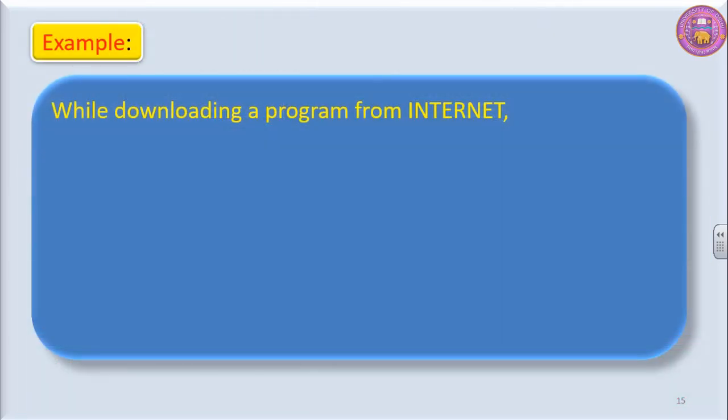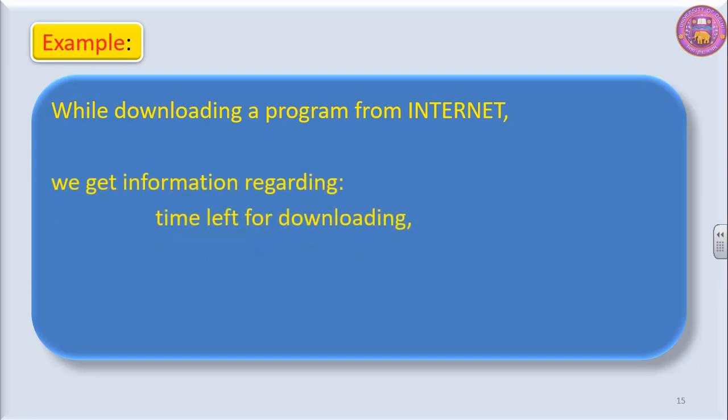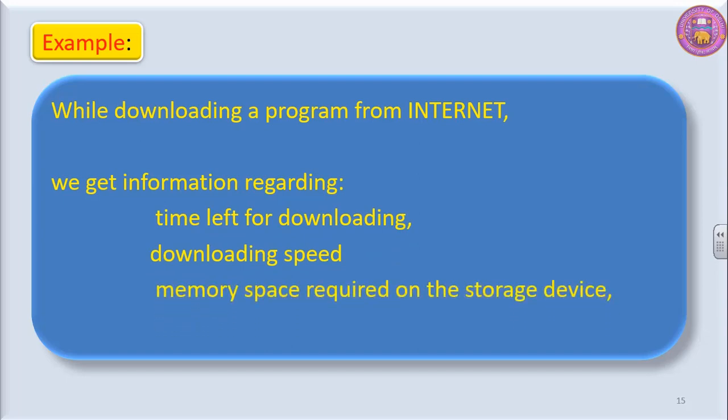Look at the example. While downloading a program from internet, we get information regarding time left for downloading, downloading speed, memory space required on the storage device, percentage of program downloaded, etc. These are the different parts of the program, which shall be termed as processes.